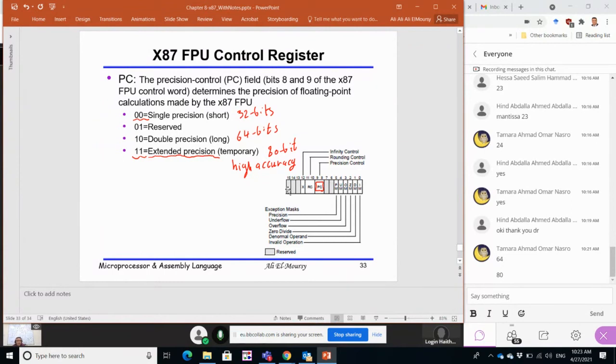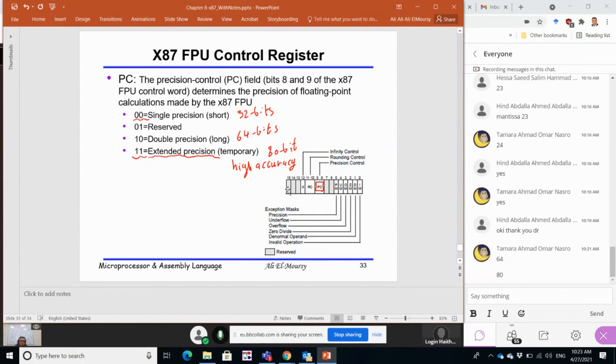How can I do that? I can do that through the precision control bits in the control register. The control register is 16 bits, and by changing the value of those bits, I can control the mode of operation for the machine.